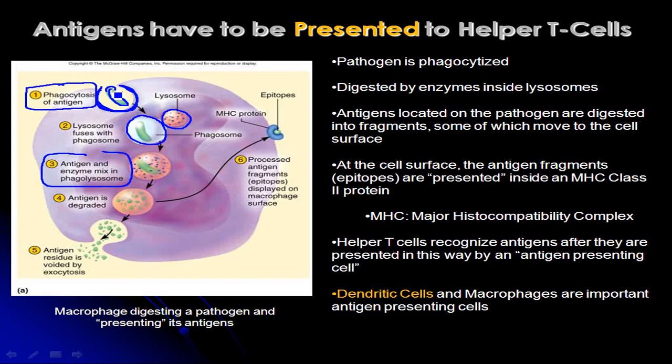They're getting chopped up into little pieces, and then some of those pieces wind up getting displayed on the surface of the macrophage or the dendritic cell within the MHC class II proteins. That should be MHC class II. Yeah, there we go. Inside an MHC class II protein, like we talked about before. Except you would have those MHC proteins located very frequently all over the surface.